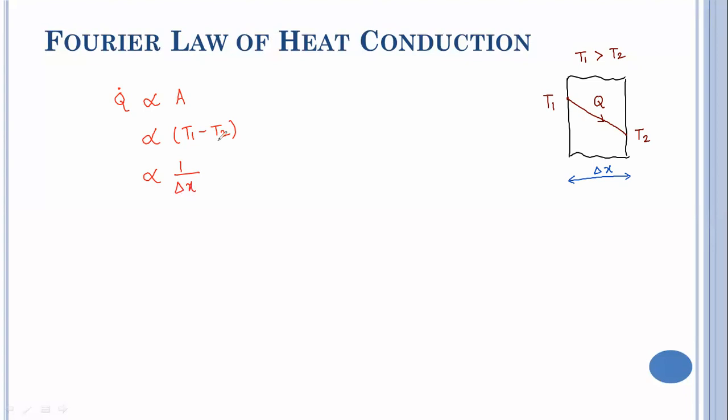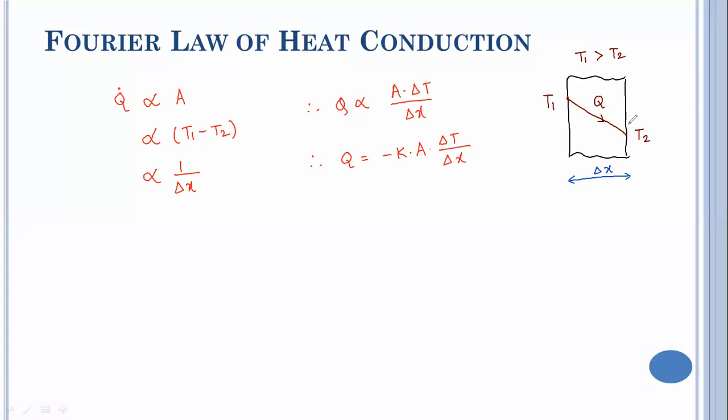So we can write Q is directly proportional to A delta T upon delta X. If I want to remove the proportionality, Q will be equal to minus K A delta T upon delta X. Why the minus sign here?